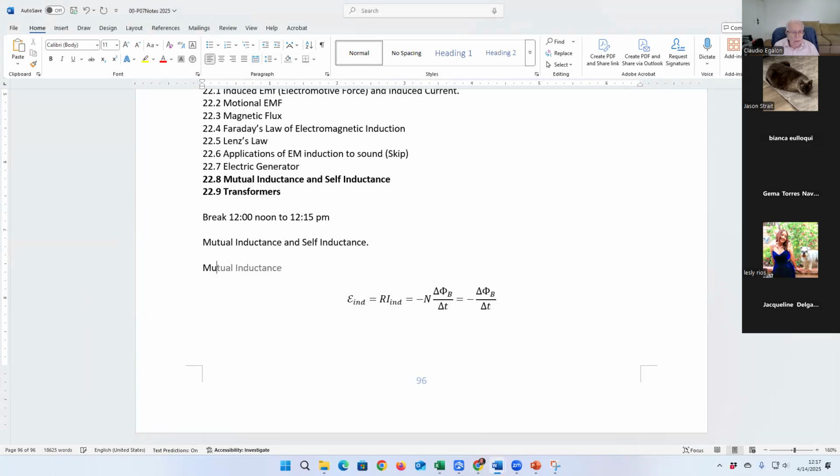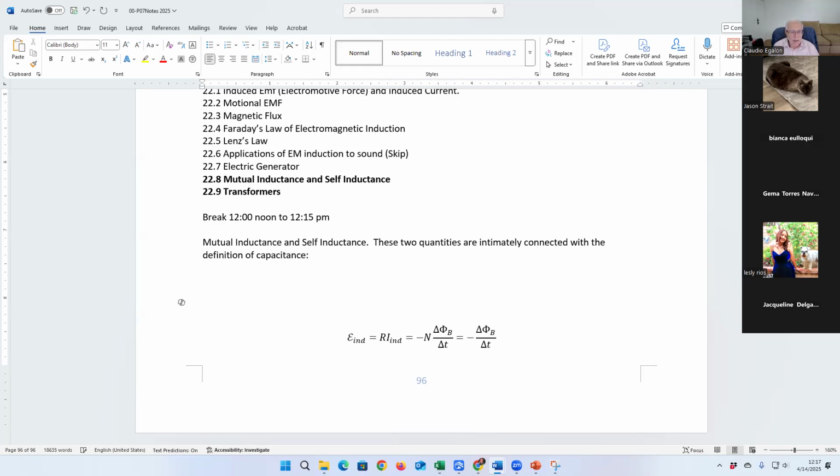These two quantities are intimately connected with the definition of capacitance.